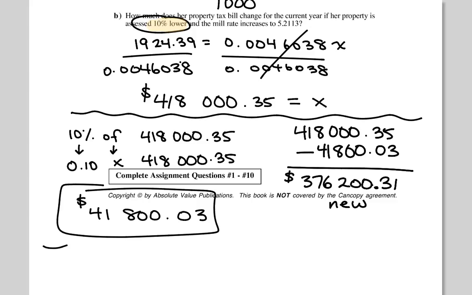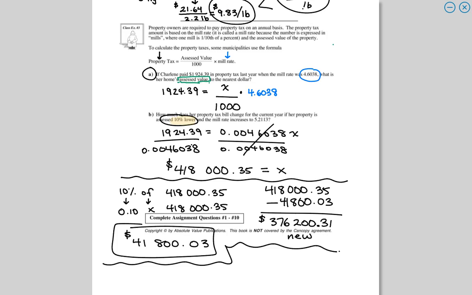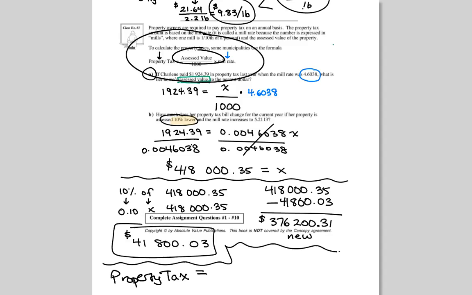Now to finish off this problem, we jump back into the original equation, which was given to us here, that property tax equation. So this property tax is going to equal the assessed value, which is new at 376,200.